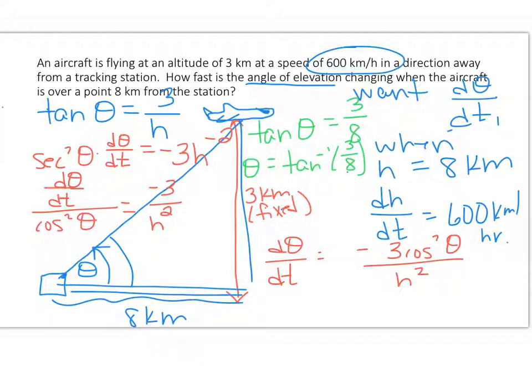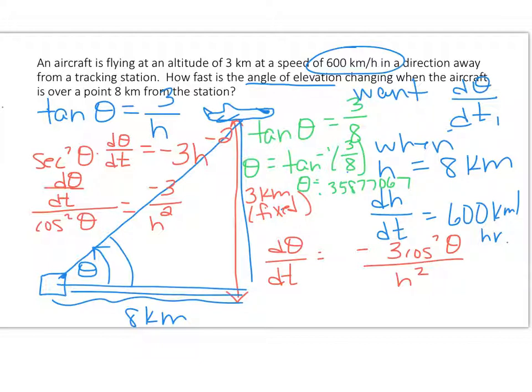Now I don't like to round until the final answer, but so we can make sure your calculations are working, when I calculate tangent inverse of 3/8 in radian mode, it comes out to be 0.35877067, all the digits I can see on a calculator. And then I'm going to take the cosine of that and square it.